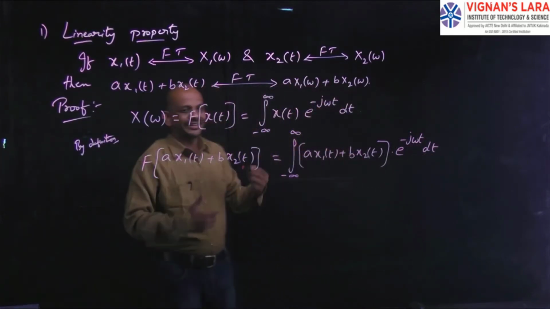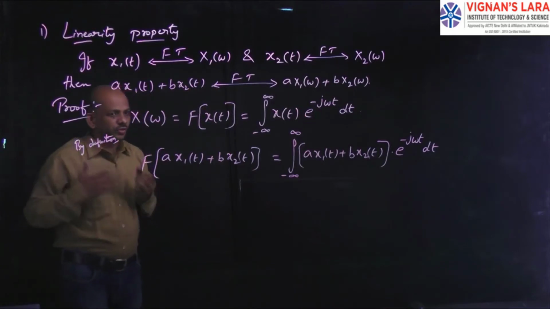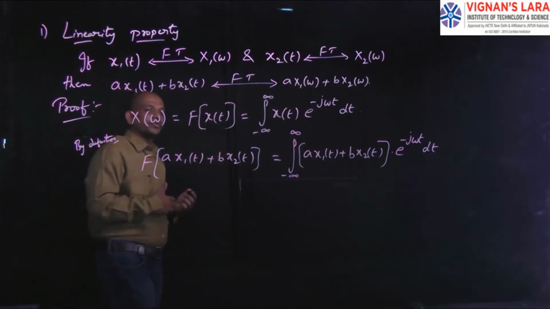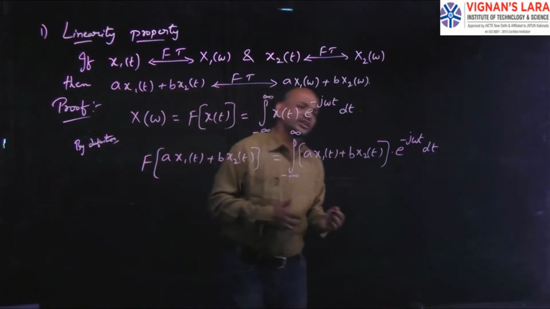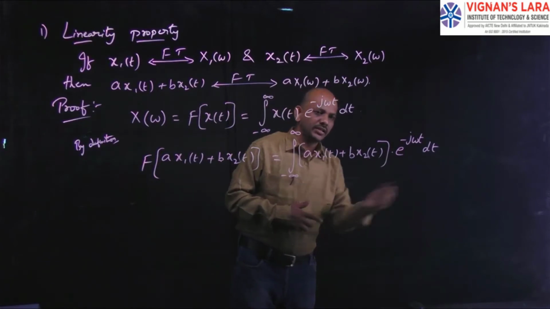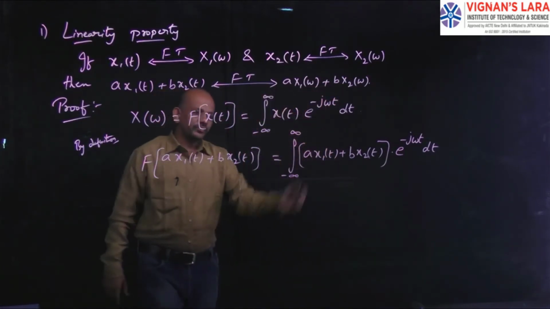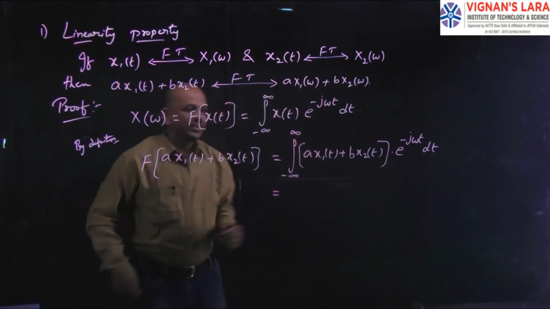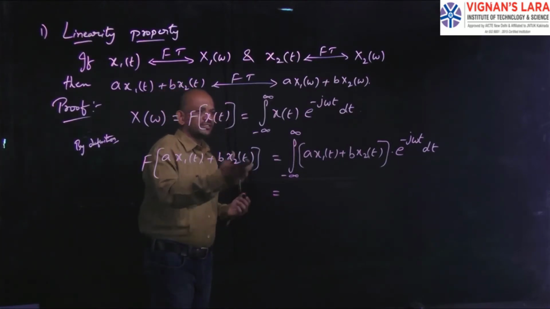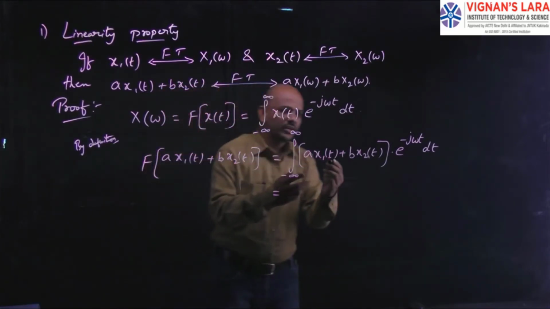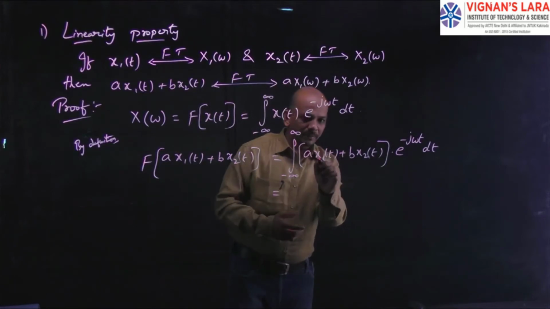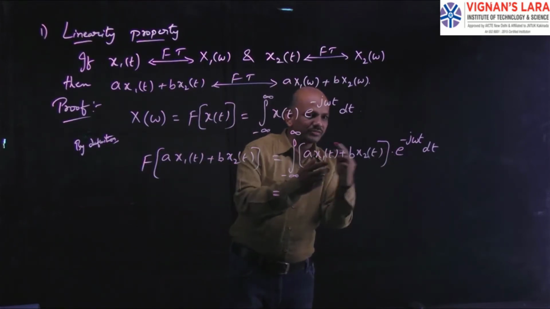Simple. So the integral from minus infinity to infinity of the signal for which we have to find the Fourier transform, into e power minus j omega t dt. Clear? Now if we expand this, I will get the answer. How will you expand? Simply, first we multiply and separate.